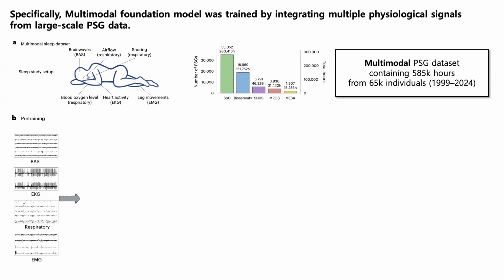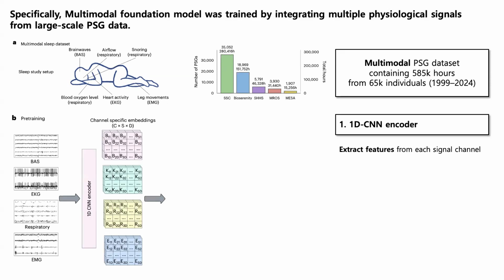Based on this multimodal PSG dataset, they go through a 1D convolutional encoder. In the 1D convolutional encoder, they extract the features from each signal channel. That means they extract the feature set from the original input signal.